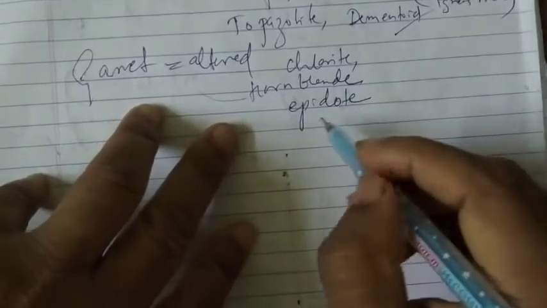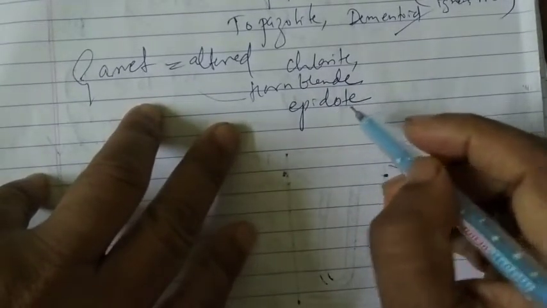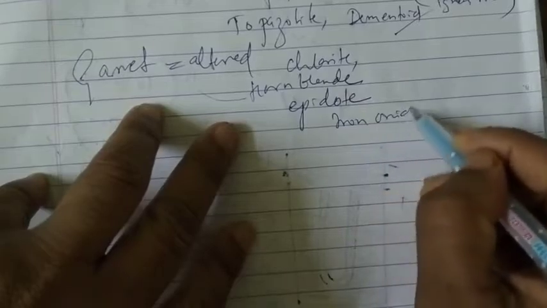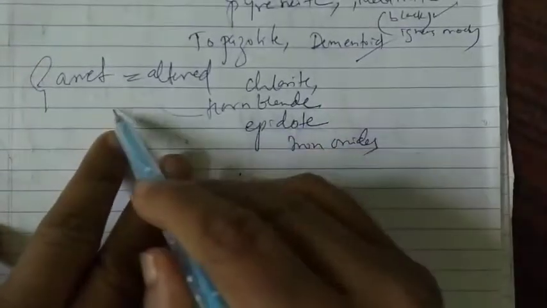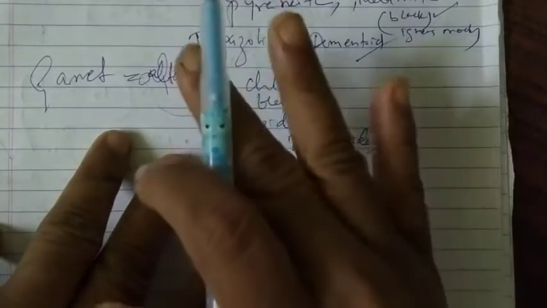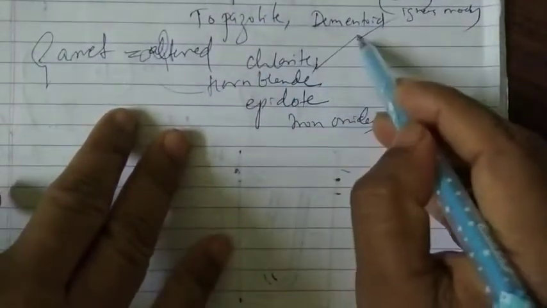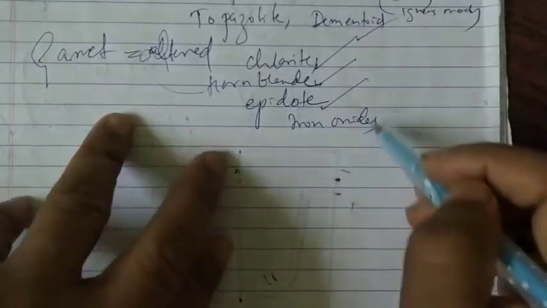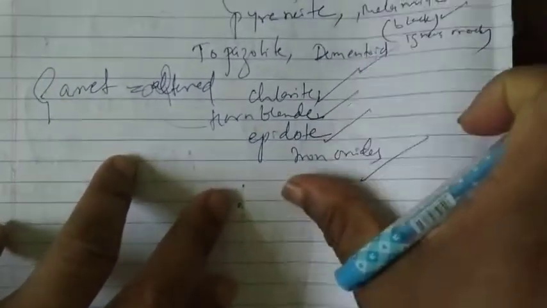These are all new words, epidote, or iron oxides, like this. Okay, so they can be altered. This is very important. Garnets can be altered, very difficult, but yes, they can be altered to chlorite, sometimes hornblende or epidote or iron oxides. Okay, so this also helps you in answering some of your competitive questions.